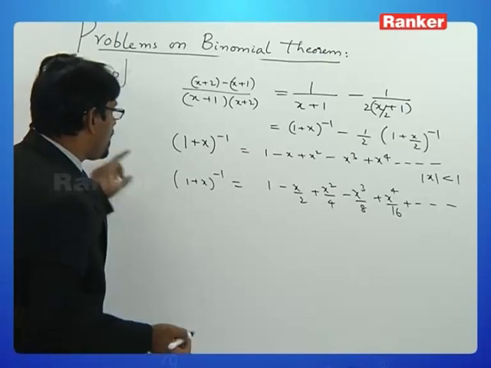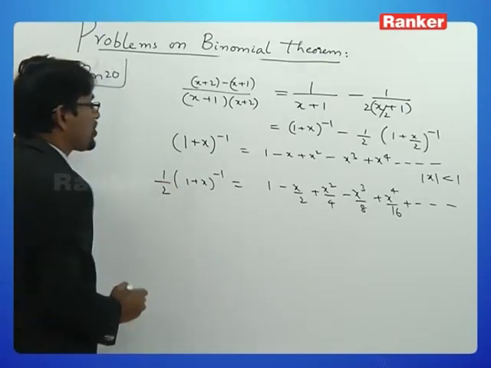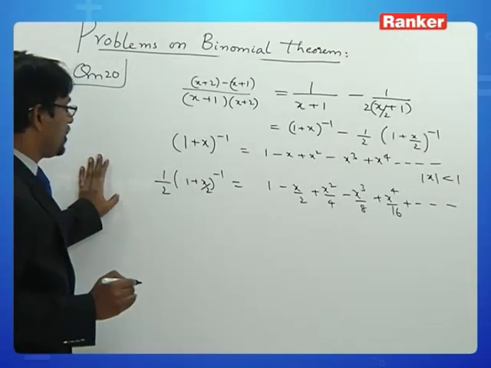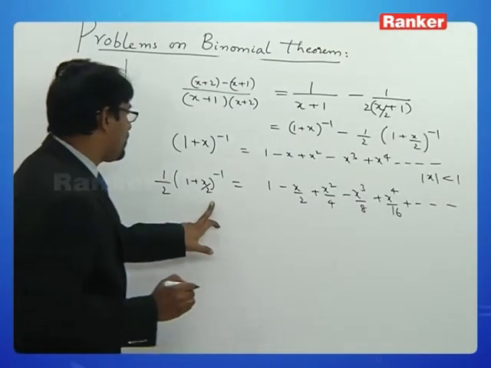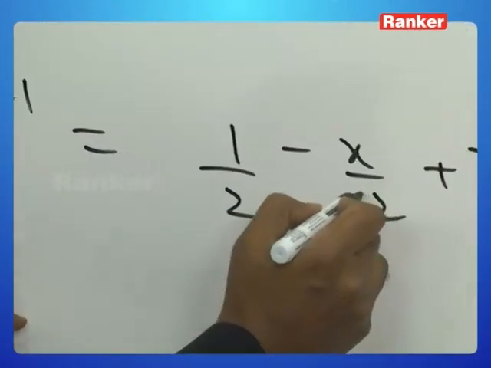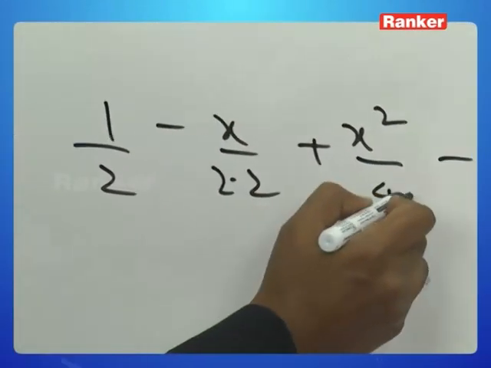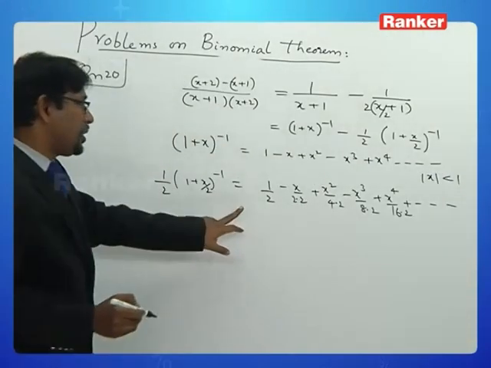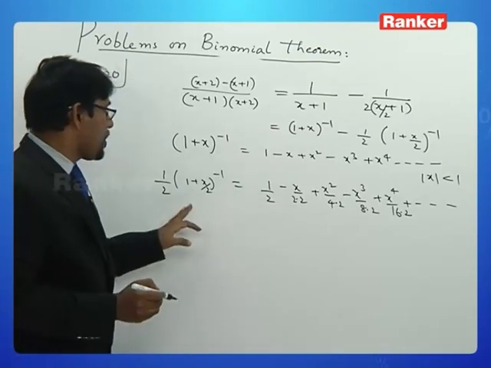Now let's multiply this with half. If you multiply with half, what do you have here? You will get a half here, x by 2 into 2, 4 into 2, 8 into 2, 16 into 2. Every term gets divided by 2.